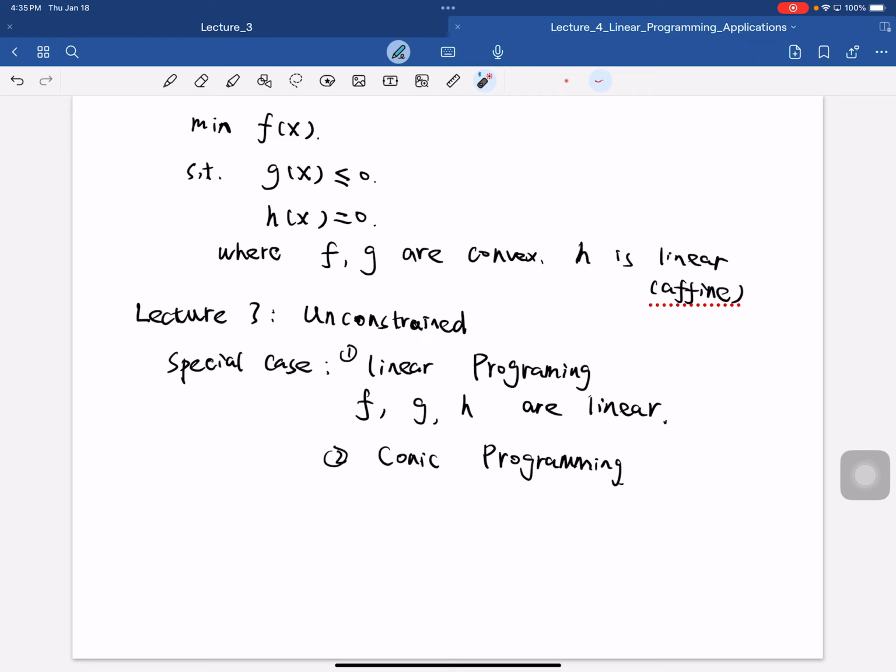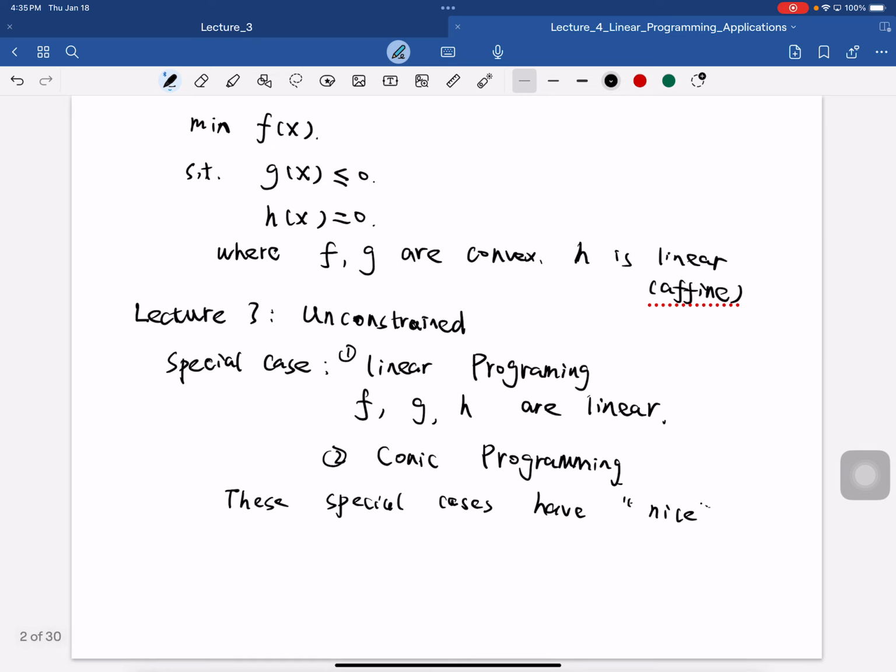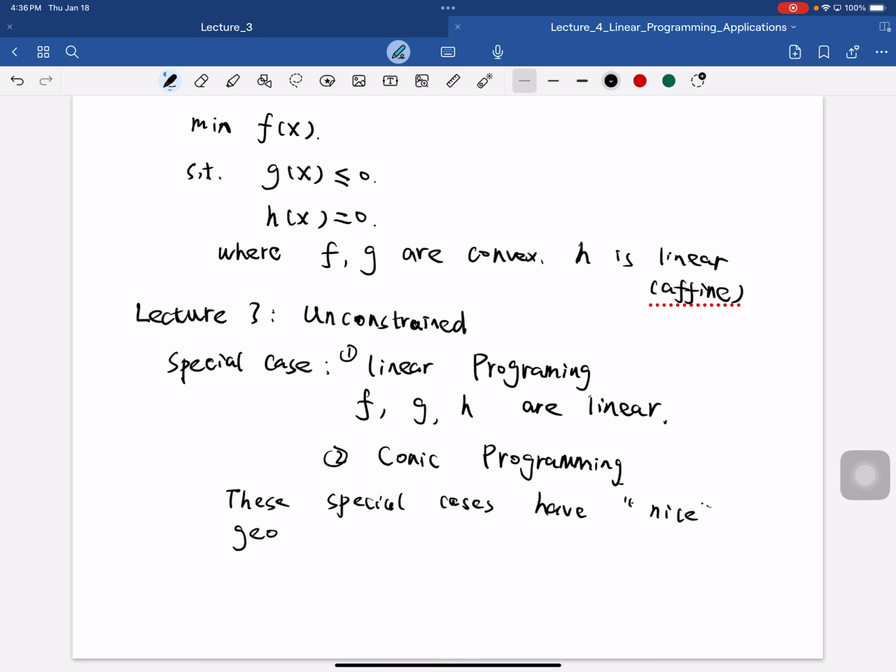That's why we are covering those special cases. The reason is that these special cases, let's call them, have some, quote, very nice properties. Usually those are some geometric properties, which we can take advantage of.